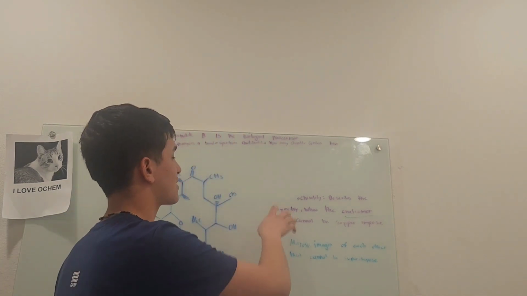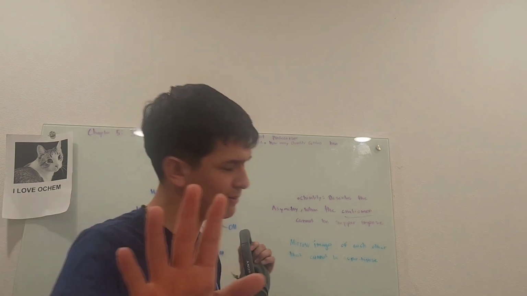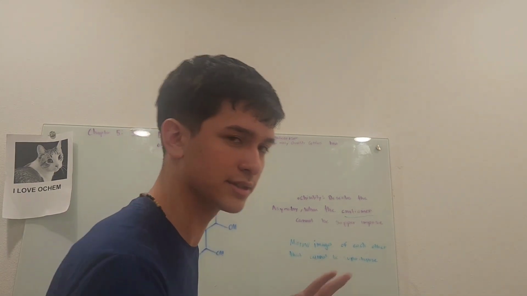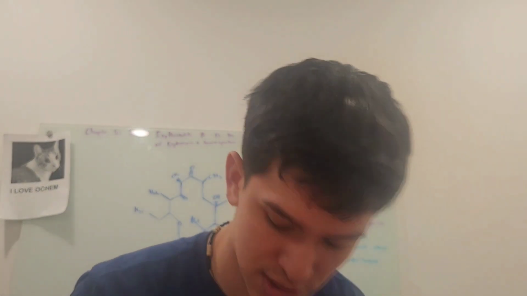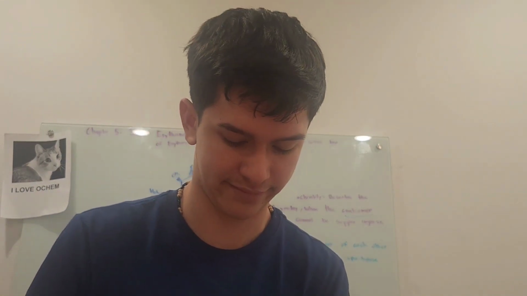So it describes a symmetry where the enantiomers, what's an enantiomer? Give me a second, bro. Cannot be superimposed. What does superimposed mean? Okay, so an enantiomer is a mirror image of something.